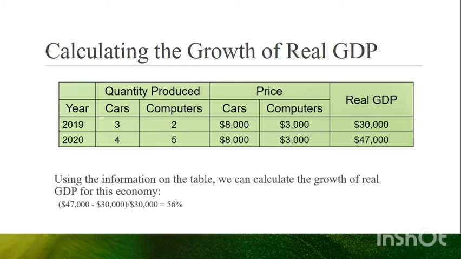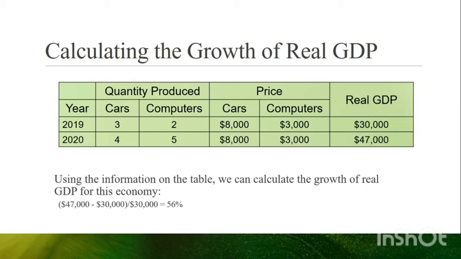The formula for the calculation of real GDP growth is real GDP in the current year minus real GDP in the previous year, divided by real GDP in the previous year or the base year, and multiplied by 100.